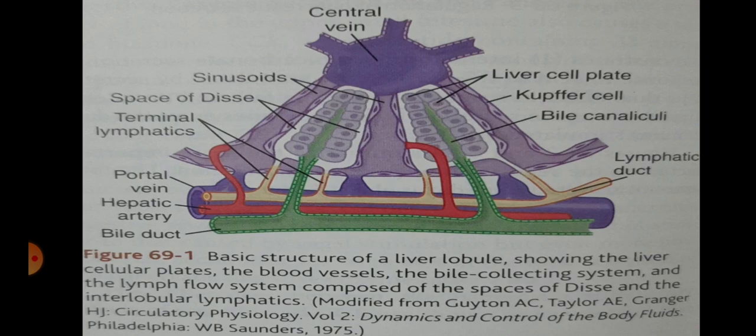Each hepatic plate is usually two cells thick, and between the adjacent cells lie small bile canaliculi that empty into the bile ducts in the fibrous septa separating the adjacent liver lobules.